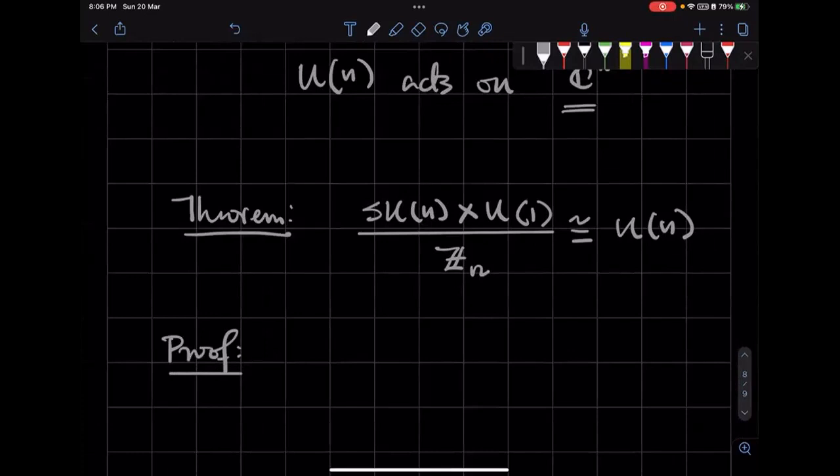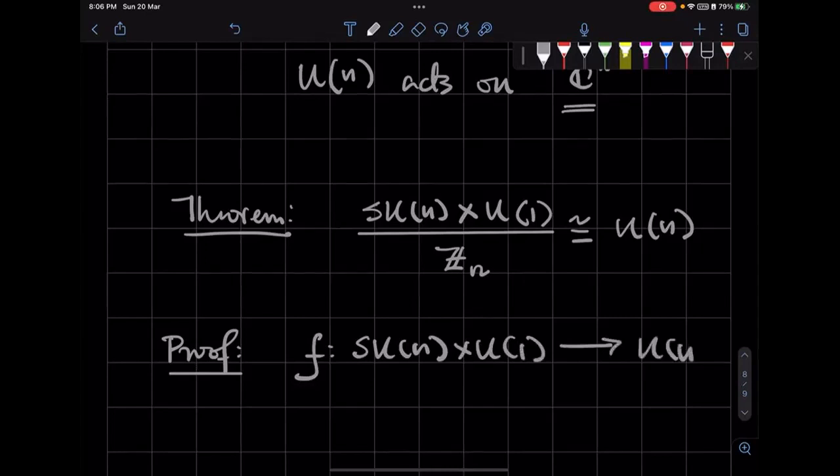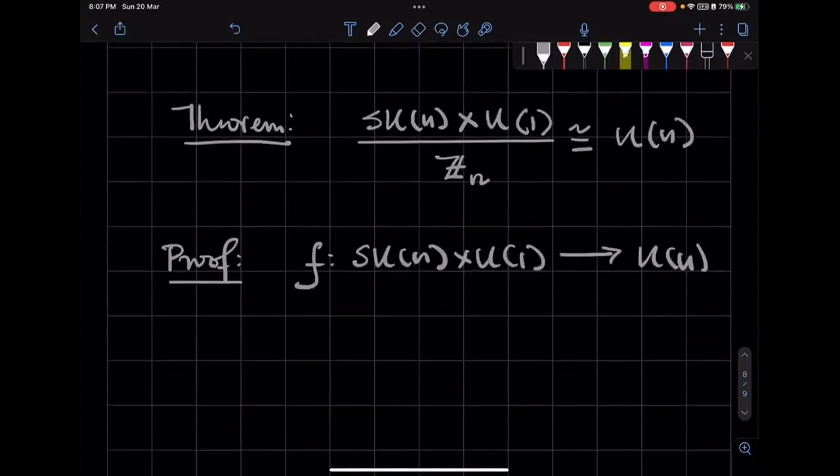So let's construct a homomorphism from SUN cross U1 to UN. So how do we do that? We take an element of SUN, let's call it U, and an element of U1. An element of U1 we can write as e to the power i phi, right?